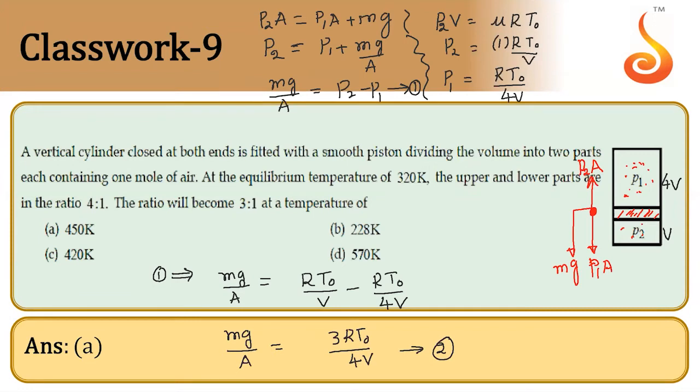That mg by A will be the same in both cases. So all of you copied this, children? Copied? Now second case, when you write the temperature, remember mg by A is equal to 3 RT naught by 4V.